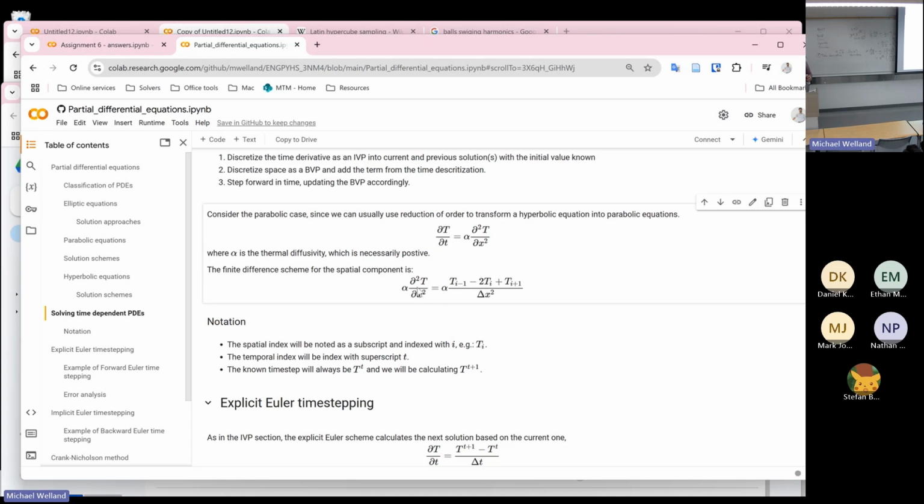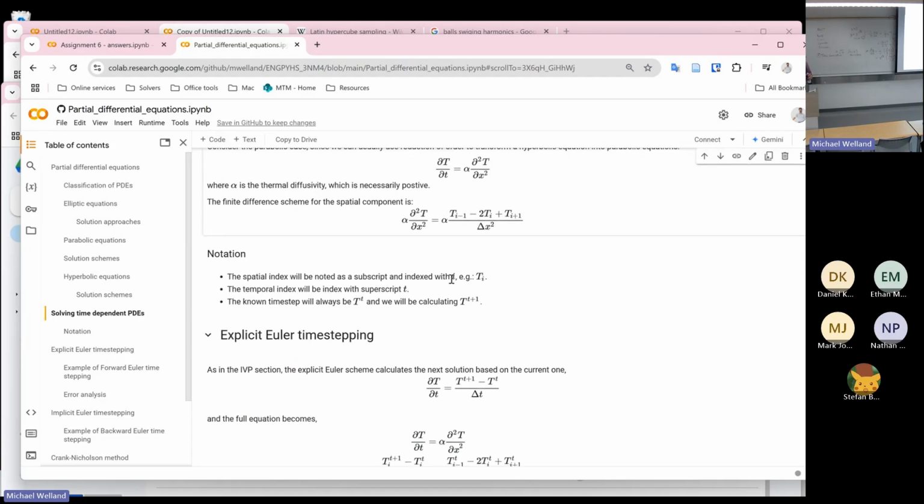Okay, so this is nothing new. This is just the finite difference expansion of the second derivative. Alpha is our thermal diffusivity. A little bit of notation here, because we're going to be doubling up in both space and time. I'm going to try and stick to 1D, but you can imagine what happens when you get to multidimensional. The spatial index is denoted with a subscript i, so T_i, T_{i-1}, T_{i+1}. The temporal index is a superscript, indexed by t.